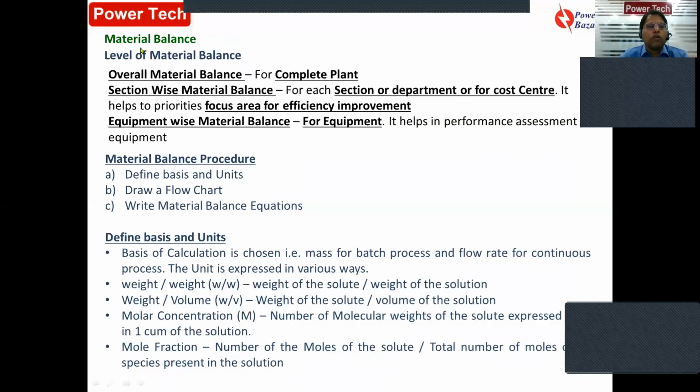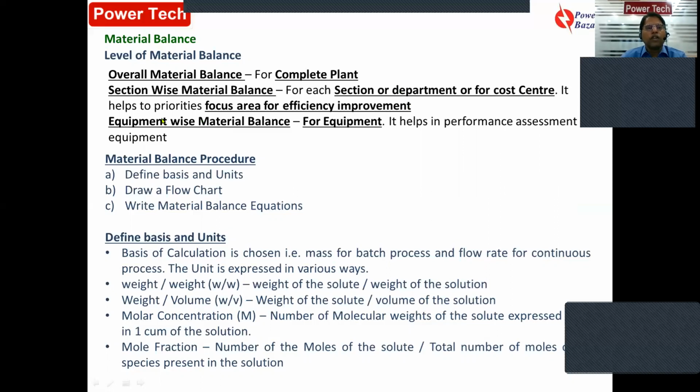Now come to material balance. Basically, there are three levels of material balance. One is overall material balance, normally done for a complete plant. Then section-wise material balance: you can have one section or department, let us say the steel melting shop, rolling mill, or blast furnace. These are each sections, or a department or different cost center.